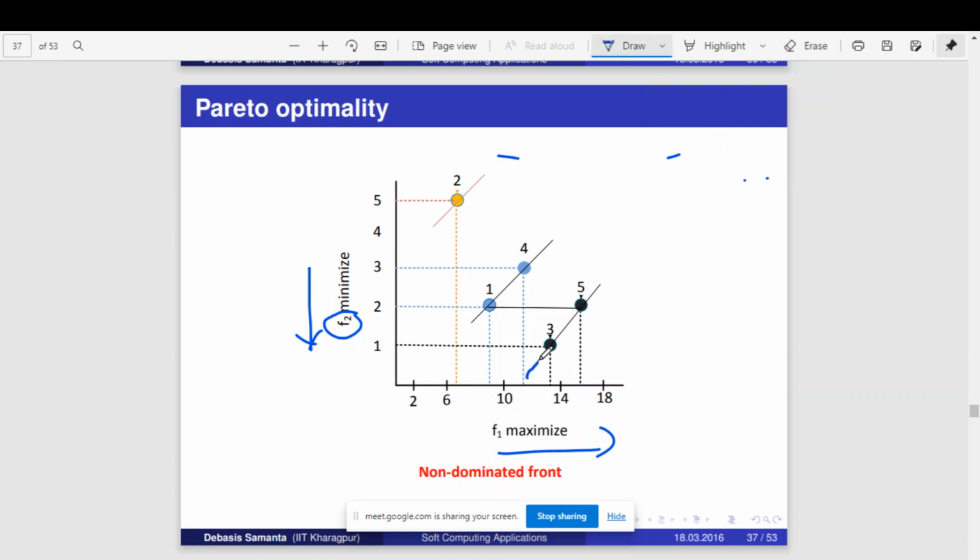So the set of solutions lying on a Pareto optimal front are called non-dominating solutions. Or this line, instead of Pareto optimal front, can also be called a non-dominated front. So 3 is not dominating 5 and 5 is not dominating 3. Similarly, 1 is not dominating 4 and 4 is not dominating 1.